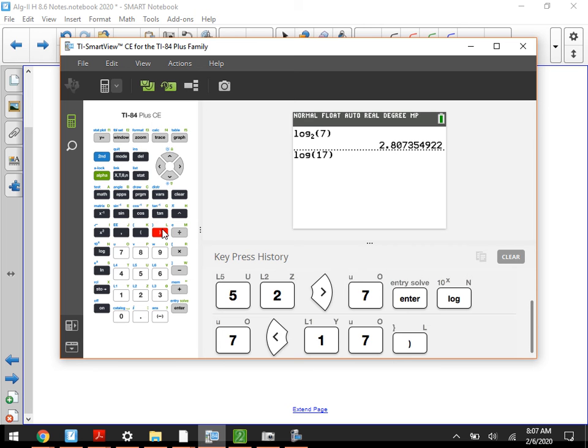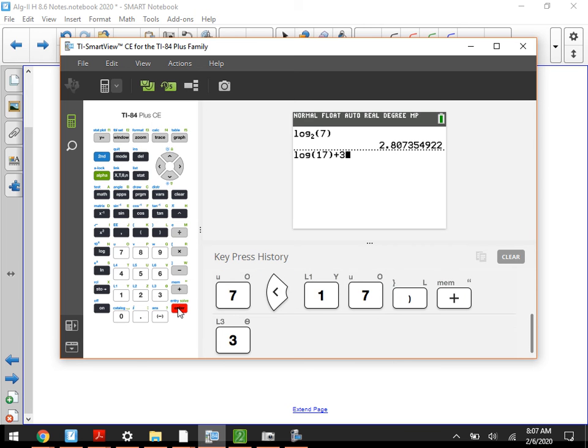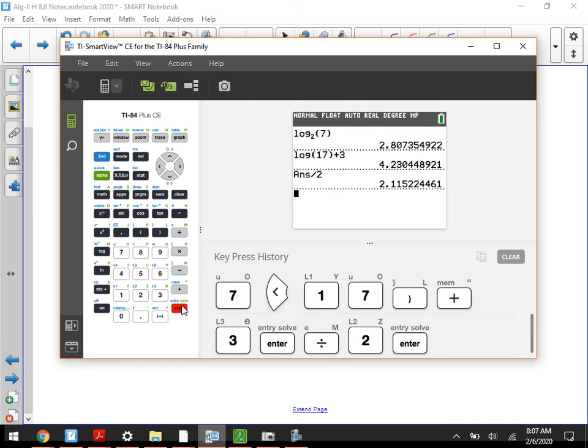Add 3, so I'm just going to hit plus 3. Hit enter, divide by 2, and hit enter. 2.12. Obviously, the rounding is going to get it really close.